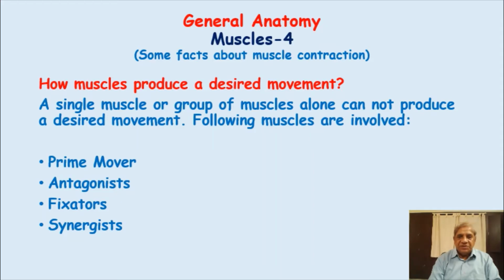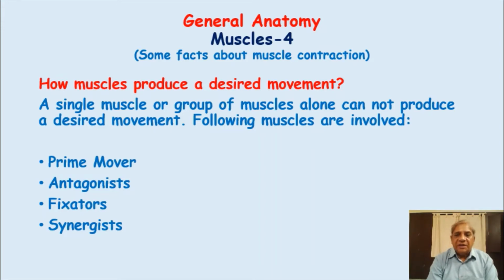For simplicity, just remember that the flexion at the elbow is produced by the biceps, which is present in the anterior aspect of the arm. And from this flexion, if you go back to the anatomical position, then this movement is called extension. And they will teach you that the extension at the elbow is produced by the triceps muscle.